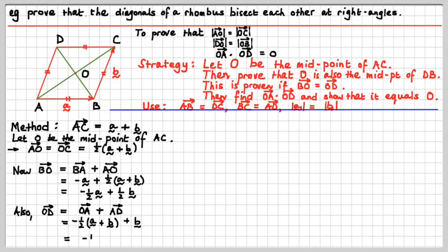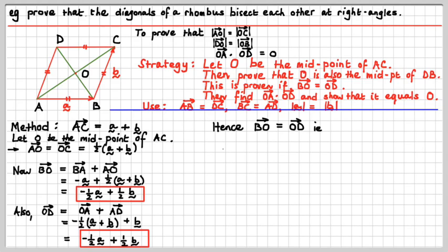And now let's just simplify that, and you watch. Oh, goody. Isn't that great? Look, they're the same. BO is the same as OD. So I've now proved, ladies and gentlemen, those two diagonals bisect each other. Absolutely proven, rock solid.